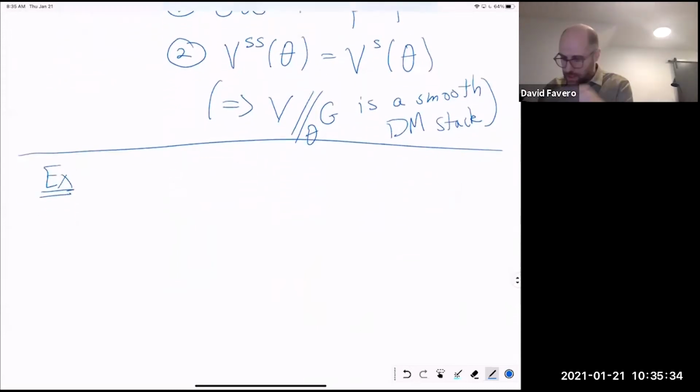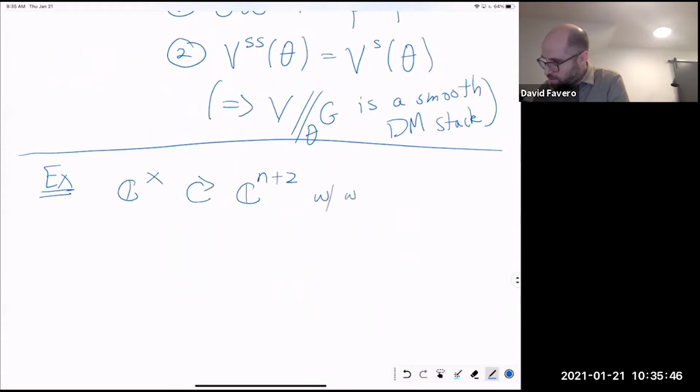Sure, many of you have seen this. So let C star act on C to the n plus 2 with weights 1, 1 minus d. Okay, I'll call these variables x_0 through x_n, and this variable is going to be called p.